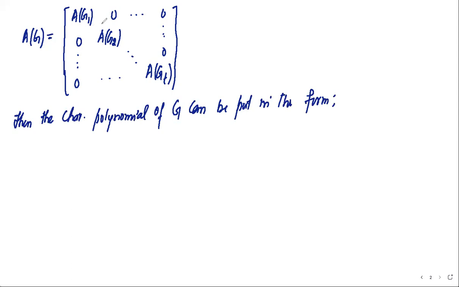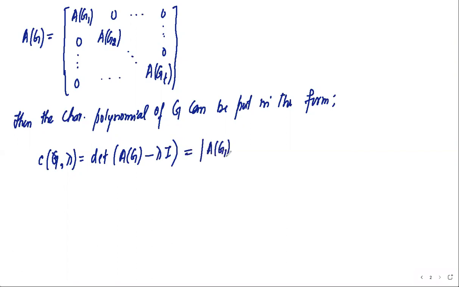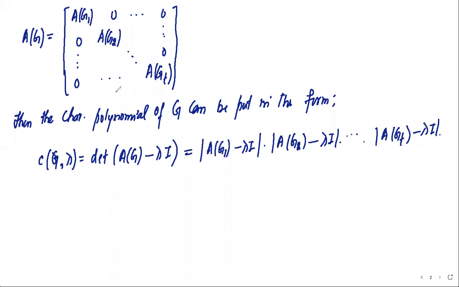In fact, from this block diagonal form of A of G, we can write the characteristic polynomial of G as C G lambda, which is equal to the determinant of A G minus lambda I. Now, this is in fact equal to the determinant of A G1 minus lambda I, then determinant of A G2 minus lambda I, and so on, the determinant of A GT minus lambda I.